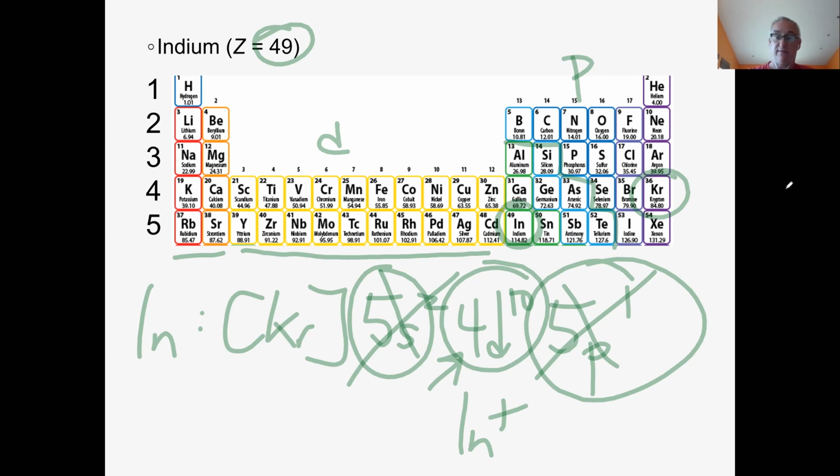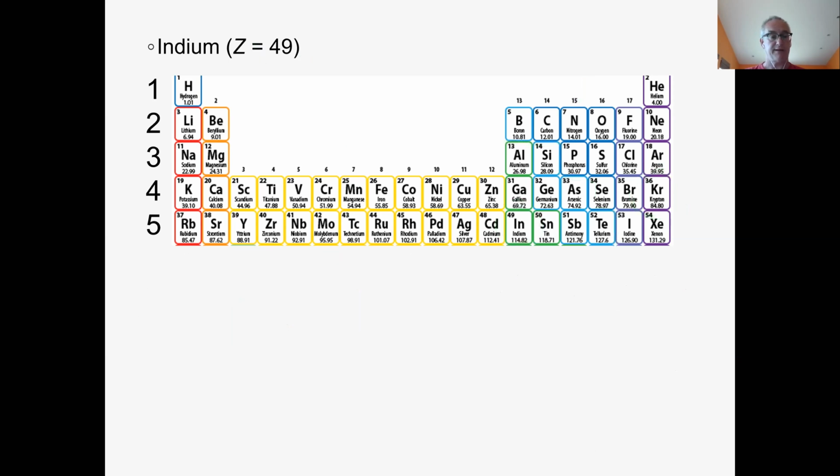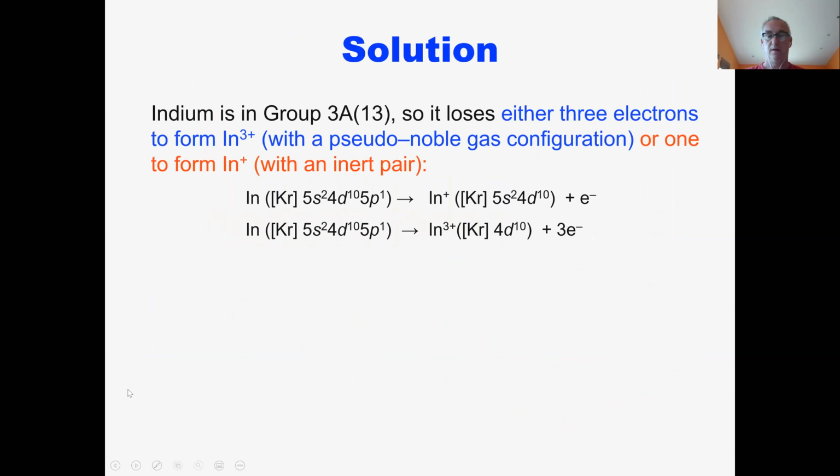+3. +3, right. So that would be indium brackets 3. So either of those can occur. Let's check and see if we're right on that one. Look at that, we're right again. So lose 3, and you've basically filled 1, 2, 3, and 4. You haven't quite filled 4, remember, because 4 has f in it as well. So we haven't completely filled 4, but we filled the first 3 subshells.